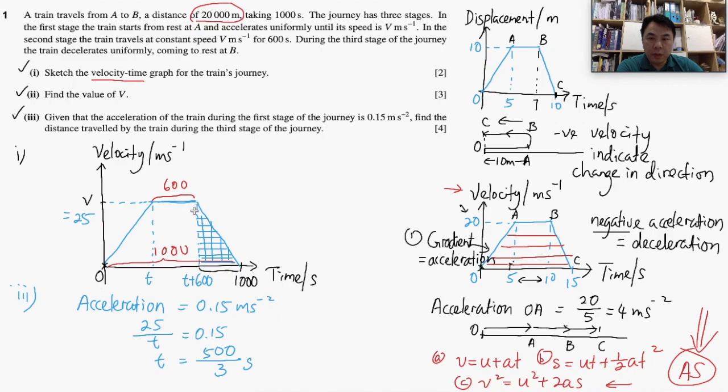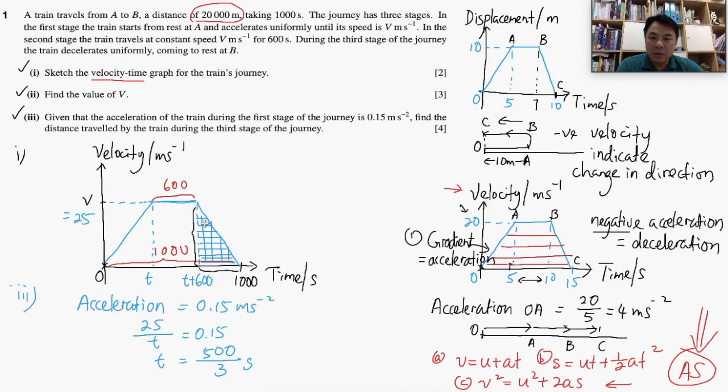We have already found the height of this triangle, which is 25 meters per second. So now we have to figure out the width of this triangle. The width is basically 1000 minus this value t plus 600, which means 400 minus t.